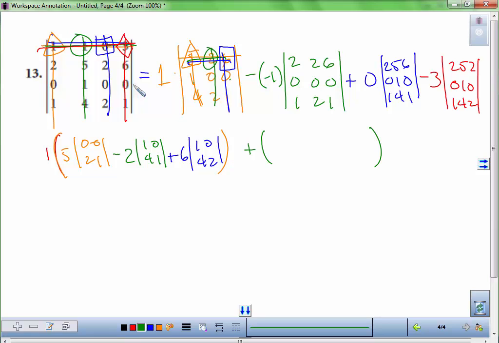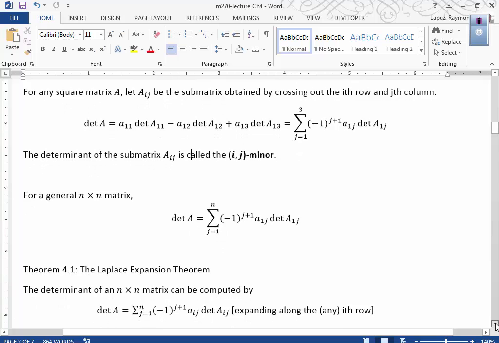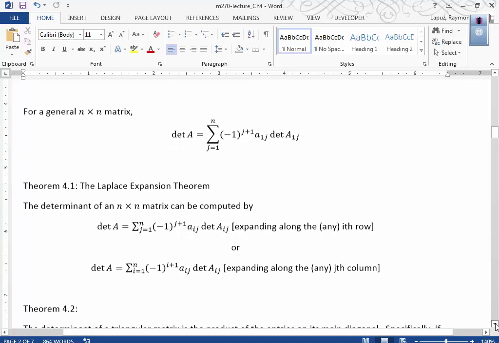All right? So I'll put that here, and we'll do it a different way. But before we do it a different way, we have to know why we're going to be able to do it a different way. And so the next theorem is called the Laplace expansion theorem, not to be mistaken with Laplace transformation, for those people in my differential equations class.